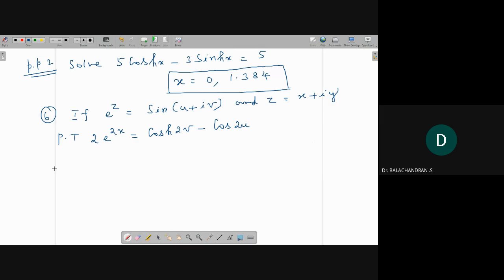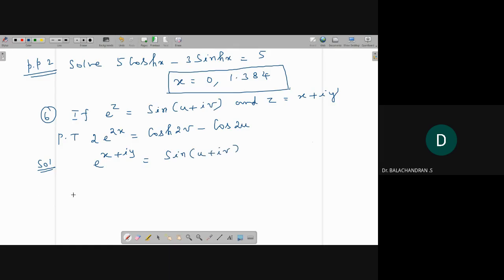The second method is a little bit easier method. For this you can use e power z. Z is what? E power x plus iy is equal to sine of u plus iv.